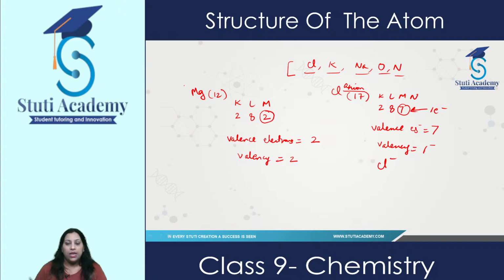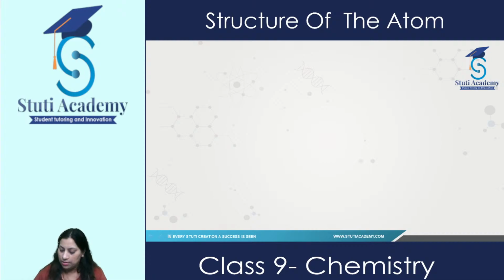Fine. Now let's come to the next one, which is potassium. Potassium atomic number is 19. KLMN.